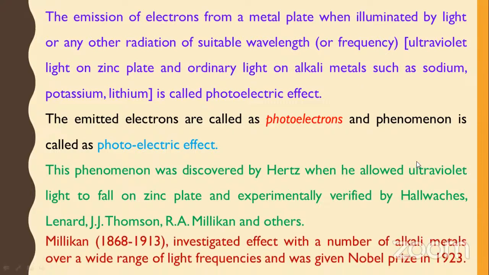Next, Millikan investigated the effect on a large number of alkali metals with a wide range of light frequencies, so the frequency was also changed. Later on, he got the Nobel Prize in 1922. Who? Millikan.